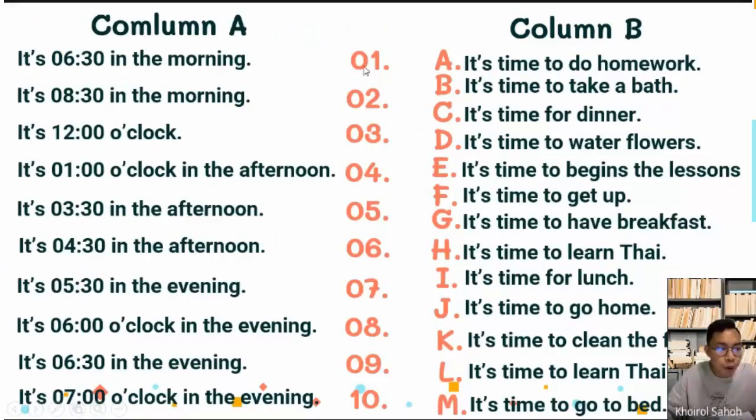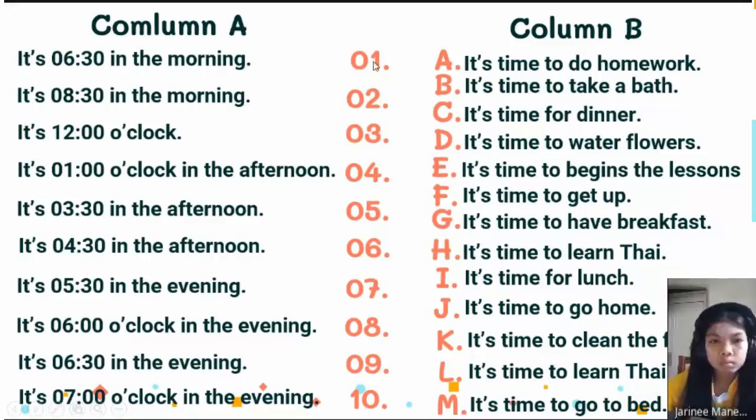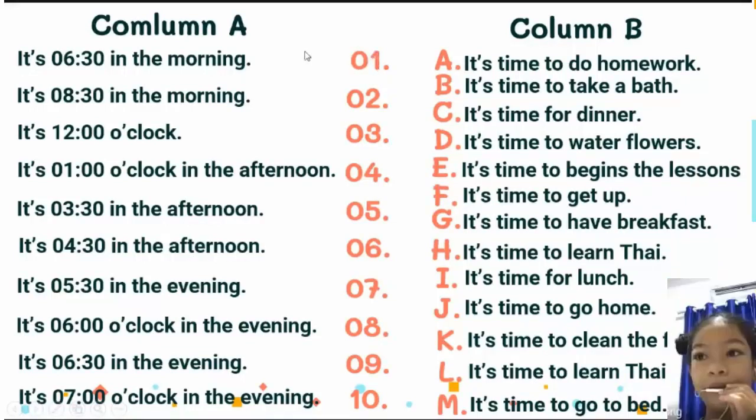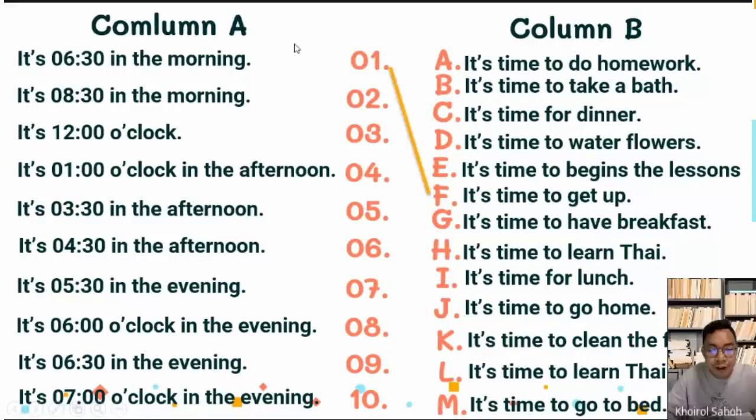For example, number 1. It's 6:30 in the morning. เขาทำอะไร Get up. F. It's time to get up.